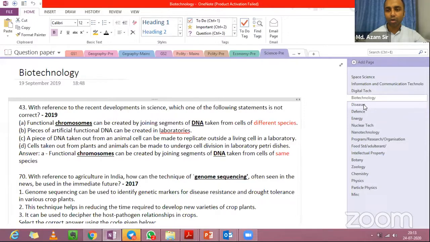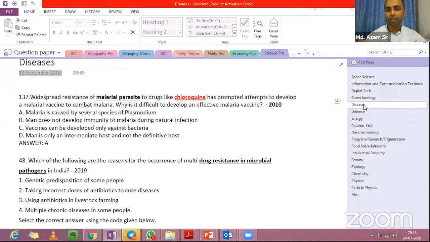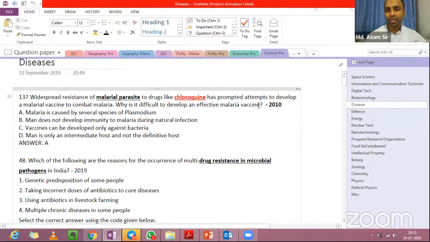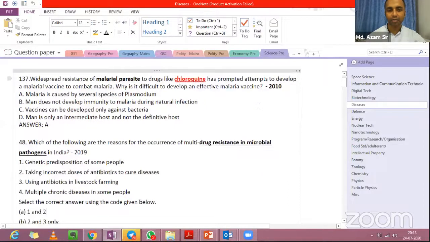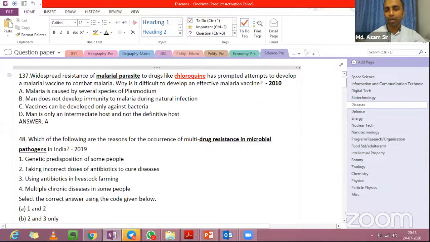Then another important topic, disease. Yes, every year one question comes from disease also. In the recent past, questions on Zika virus, Ebola, and swine flu have all been asked. And at present, chloroquine, a medicine widely used in the treatment of corona, is very much in the news, and there is a high chance that this question might be asked this year.